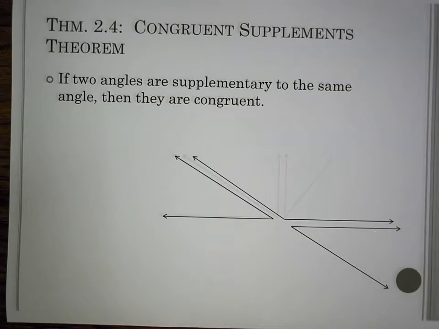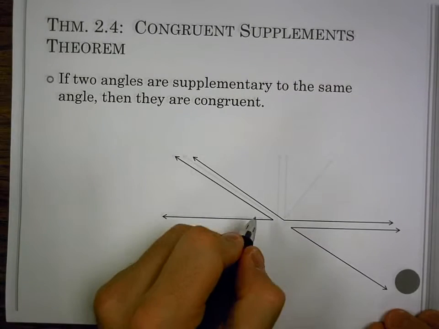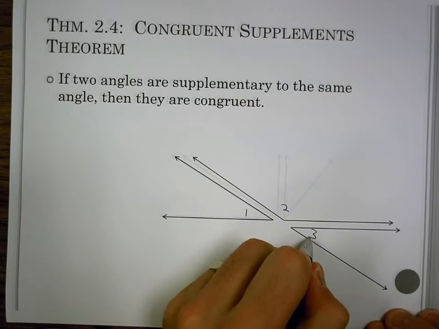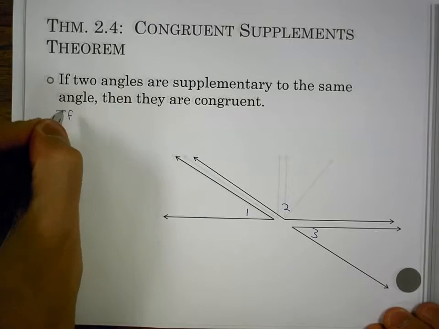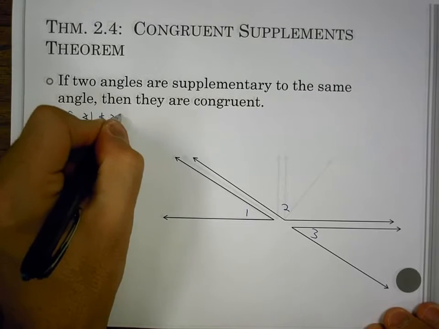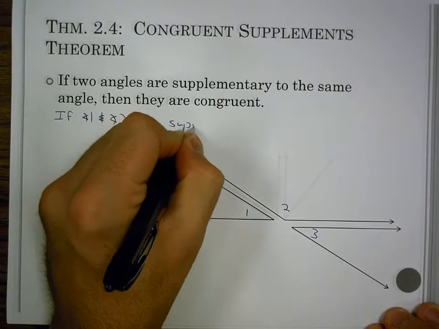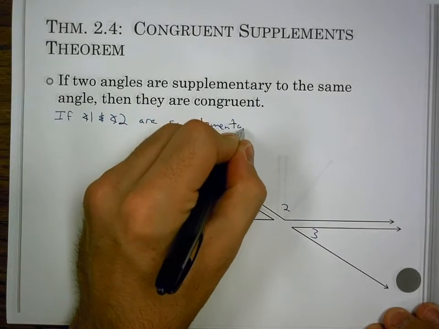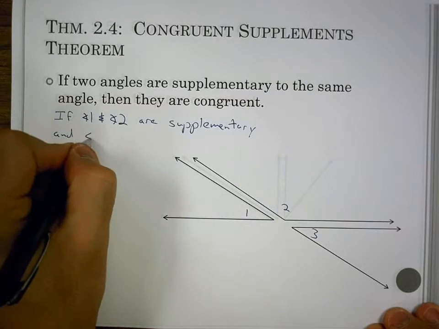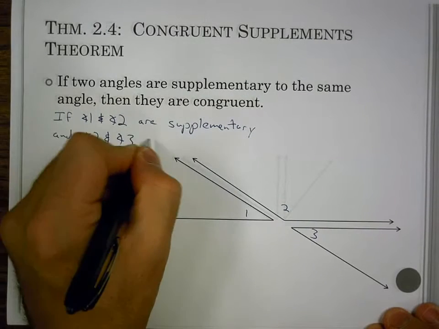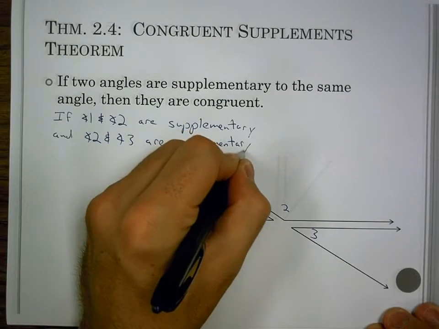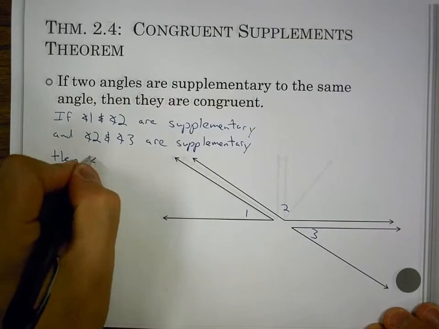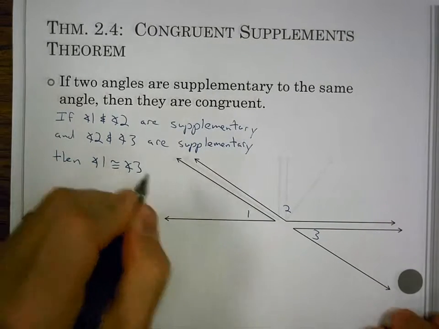Our next two theorems are actually very related to each other. We have the congruent supplements theorem, and that says if two angles are supplementary to the same angle, then they are congruent. So I have three angles here, and I see that if angle 1 and angle 2 are supplementary, and angle 2 and angle 3 are supplementary, then angle 1 is congruent to angle 3.